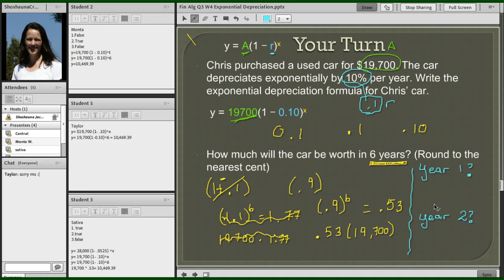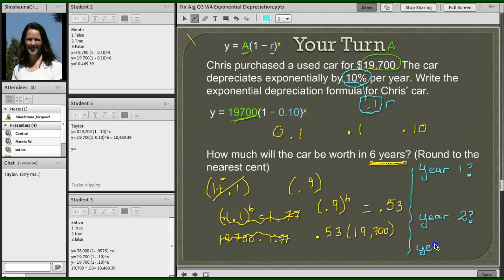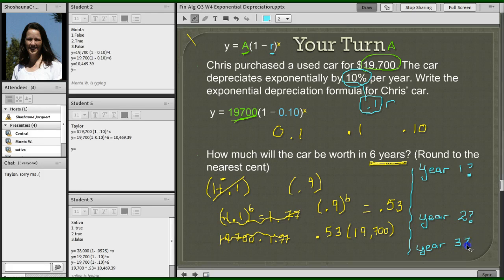So how about if I have you guys all do a different one? Monte, will you tell me what the car's value is in year 1? And Taylor, will you tell me year 2? And Sativa, will you do year 3 for me? And when you get the answer, just type it, and do me a favor and put year 1, year 2, or year 3 right before you start typing, so it's easier for me.